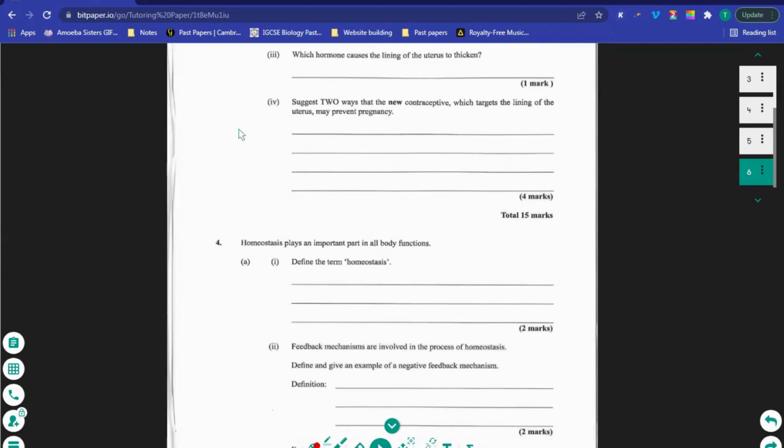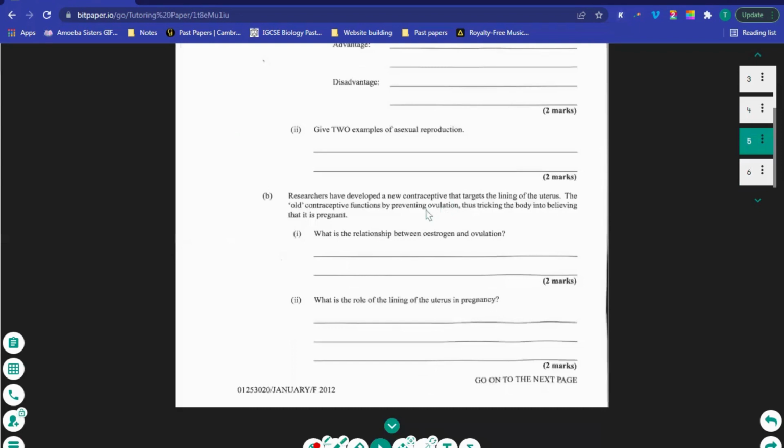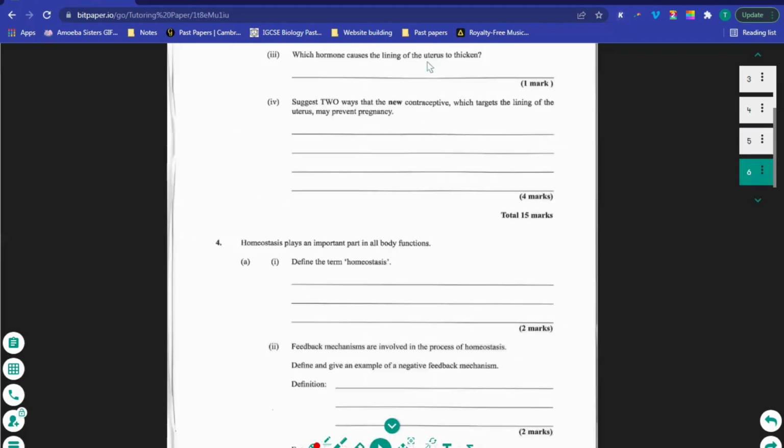So if the old contraceptive targeted ovulation, right? It prevented ovulation from happening, therefore tricking the body into believing that it was pregnant. Then what is the new contraceptive doing that targets the lining of the uterus? How does this work? Well, I'll give two ways that I think this happens.